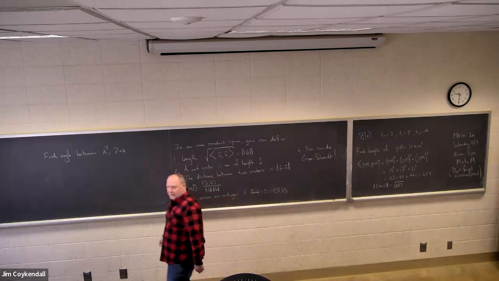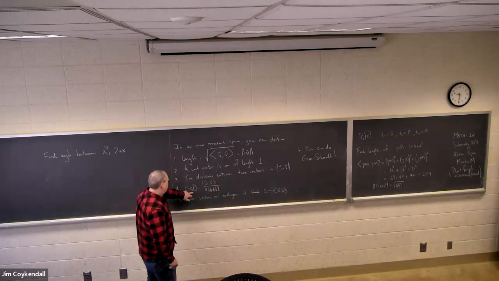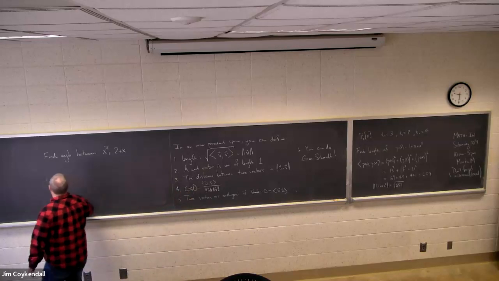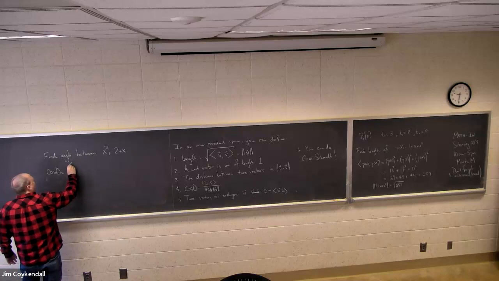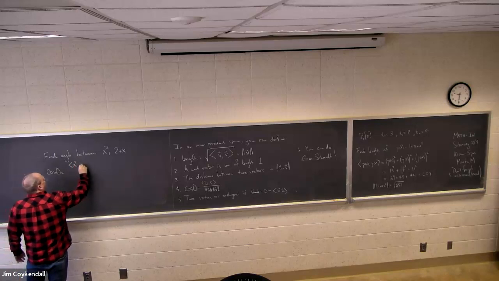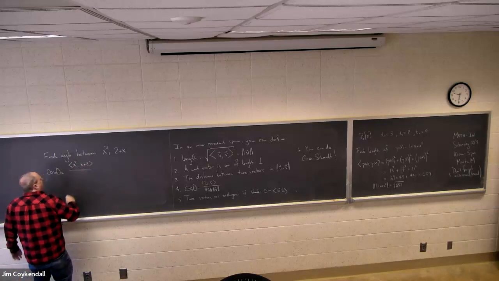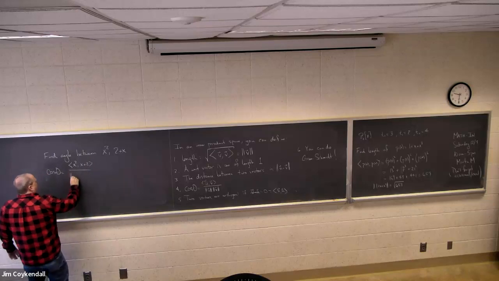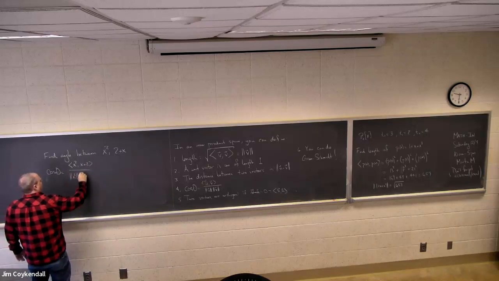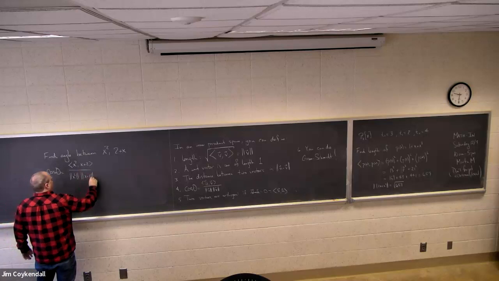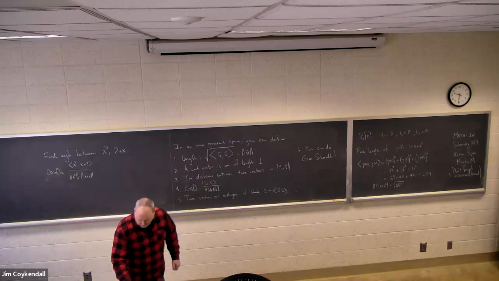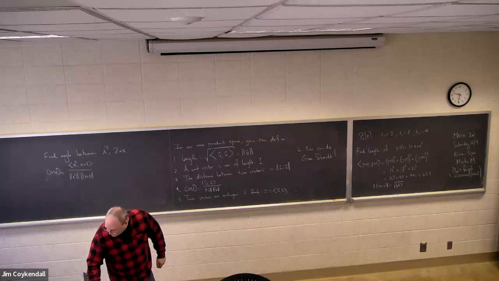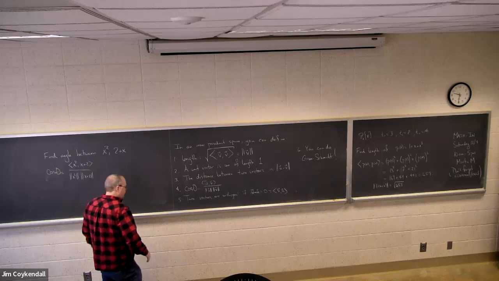Let's find the angle between these. Well, cosine theta is the inner product of x squared and x plus 2 over the length of x squared times the length of x plus 2. So I reckon that we've got some stuff to figure out here.